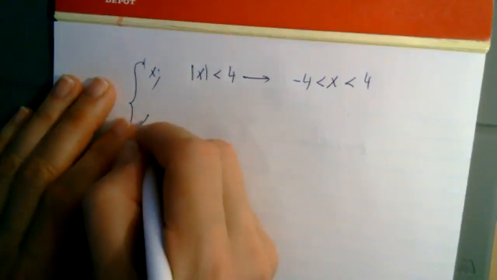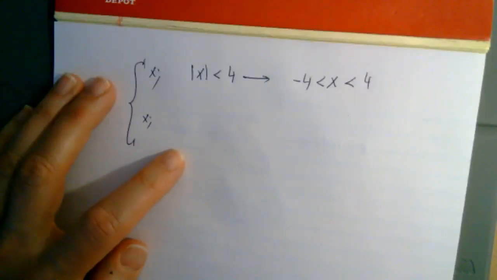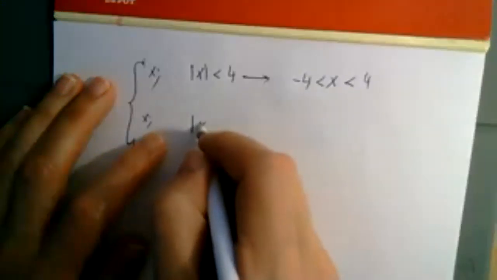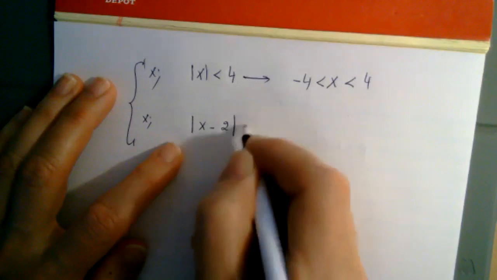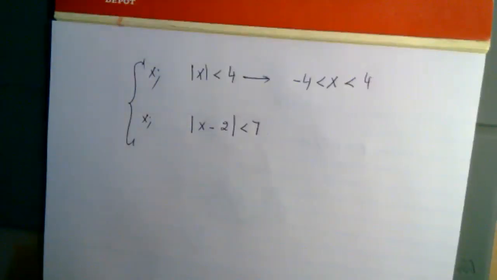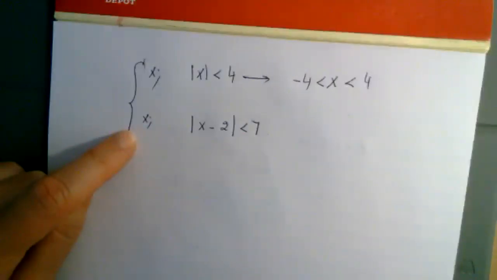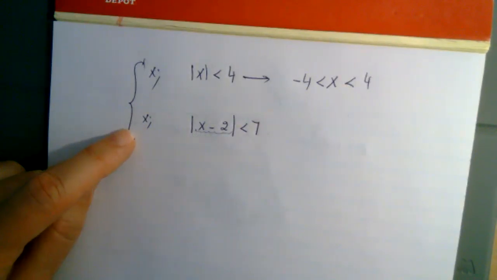Now, suppose I stretch it a little bit, and I tell you, find all the x's such that absolute value of x minus 2 is less than 7. I will do it algebraically today, and next time I'll give you a geometric intuition of what's really going on. How can I find those x's? All the x's such that x minus 2 is less than 7.